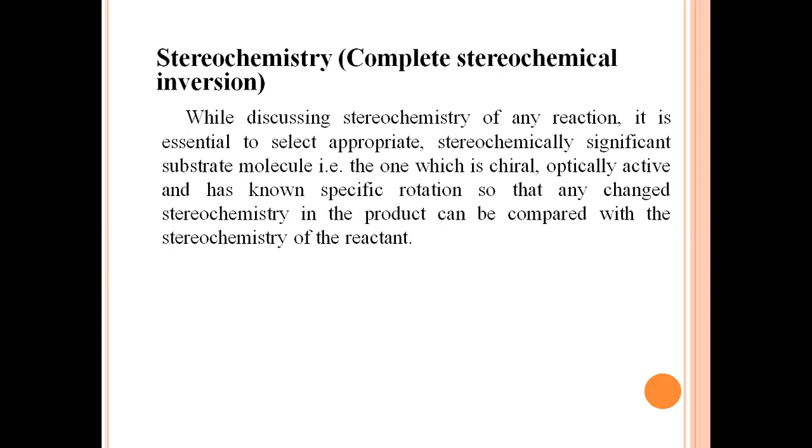Its specific rotation must be known. So this is the basic requirement for discussing the stereochemistry of any reaction, that the molecule must be chiral, as we are studying the chiral carbon atom.